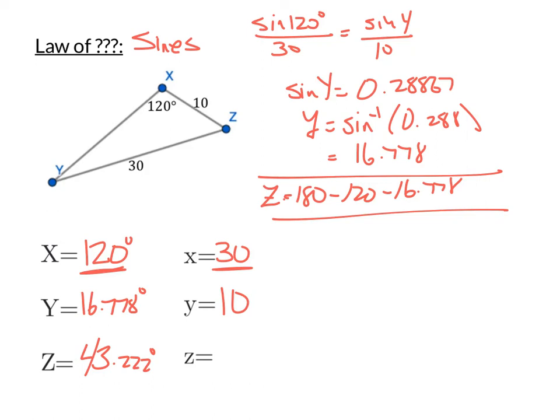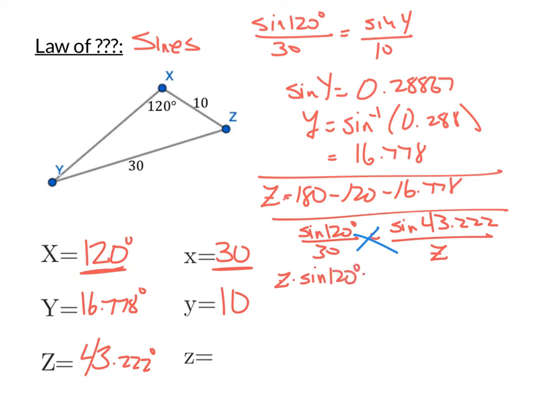Which we can use in the law of sines to find side z. So again, we start with the sine of 120 degrees is to 30 in the same way that the sine of 43.222 is to side z. This one's going to take a little bit more work to solve because we're going to have to cross multiply first. So z times sine of 120 is equal to 30 times the sine of 43.222 degrees.